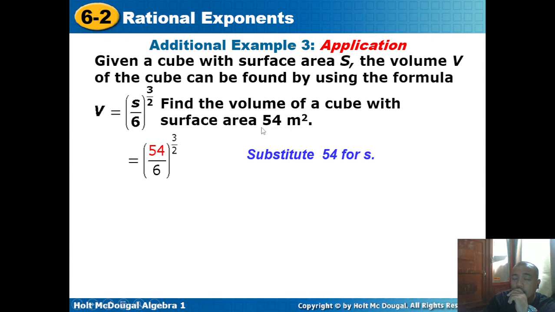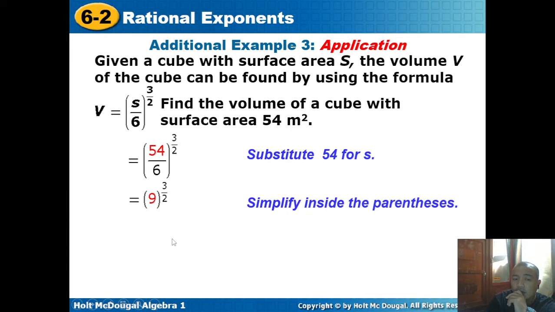So since the surface area of the cube is 54 square meters, substitute 54 divided by 6, raised to 3/2. Simplify inside the parentheses: 9 raised to 3/2. And what is 9 raised to 3/2? By the definition of b raised to m over n, that means the square root of 9, cubed.